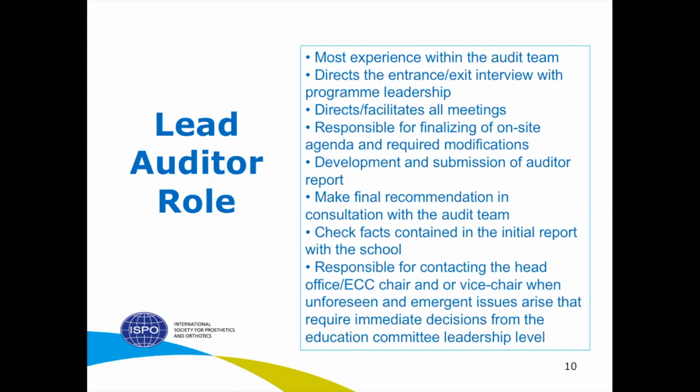They'll make final recommendations in consultation with the audit team, and then check the facts contained in the initial report with the school. They will be responsible for contacting the head office, EC, or the chair and/or vice chair when unforeseen or emergent issues arise that require immediate decisions at the education committee leadership level. And this last point is really related to when that site visit team is on the ground.